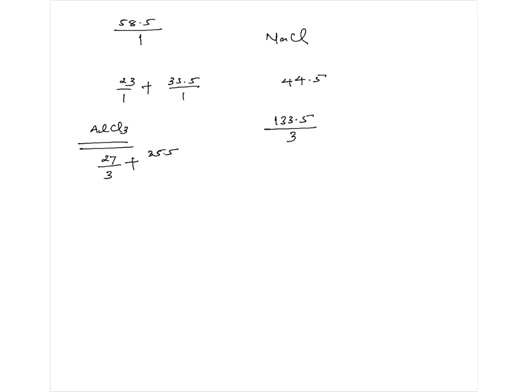You can either take cationic part or anionic part, sodium or chlorine. Sodium +1, chlorine -1. In any case, you have to divide by 1 only. 58.5 divided by 1.